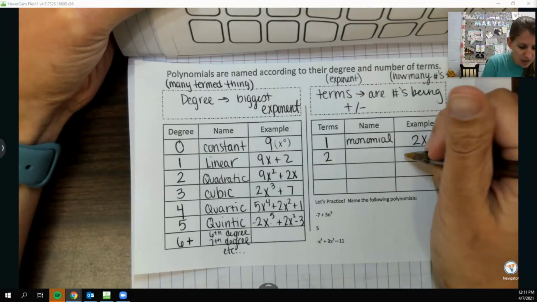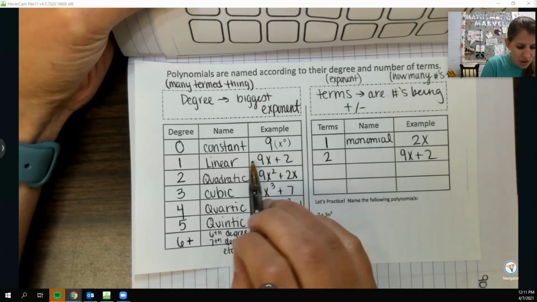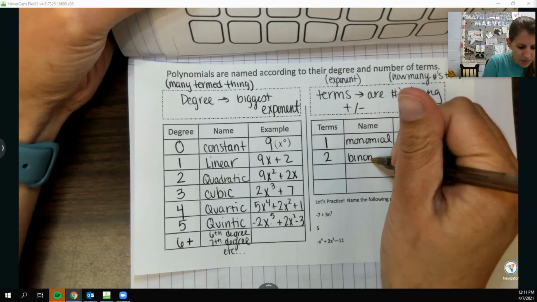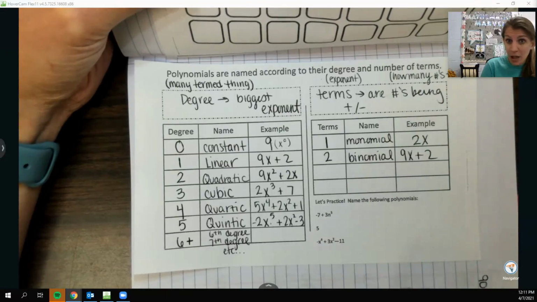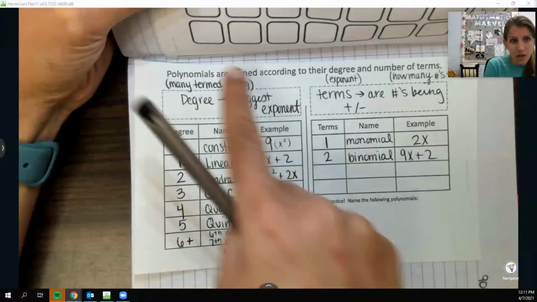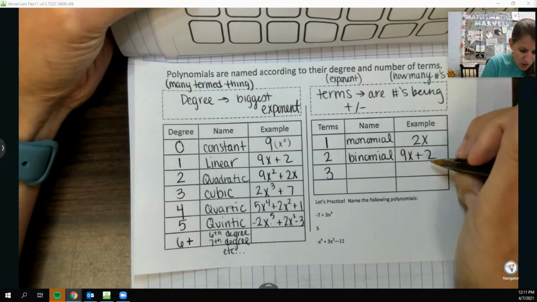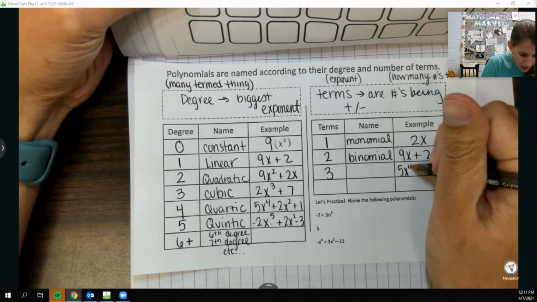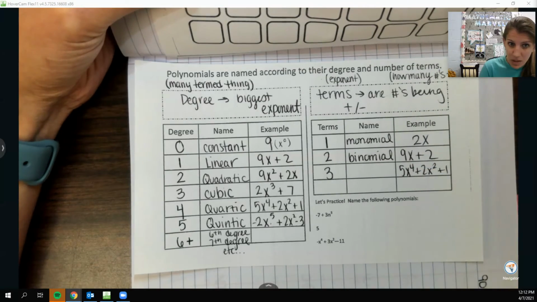If there are 2 terms, something like that 9x plus 2 that we had over there, that is a binomial. Bi for 2, nomial is the nomial thing, so how many terms? If there are 3 terms, like this one here, the 5x to the 4th plus 2x squared plus 1 has 3 terms.